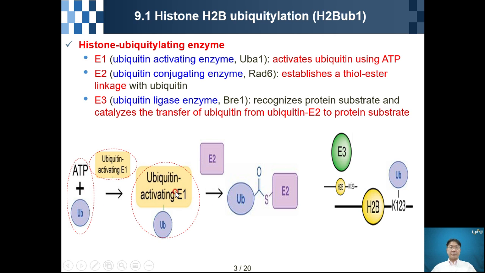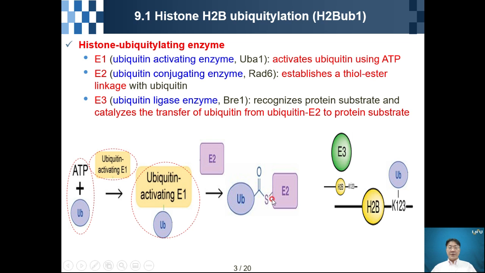The second enzyme we call the ubiquitin conjugating enzyme. The very famous example is the RAD6 protein. The main function is to establish a thioester linkage with the ubiquitin.